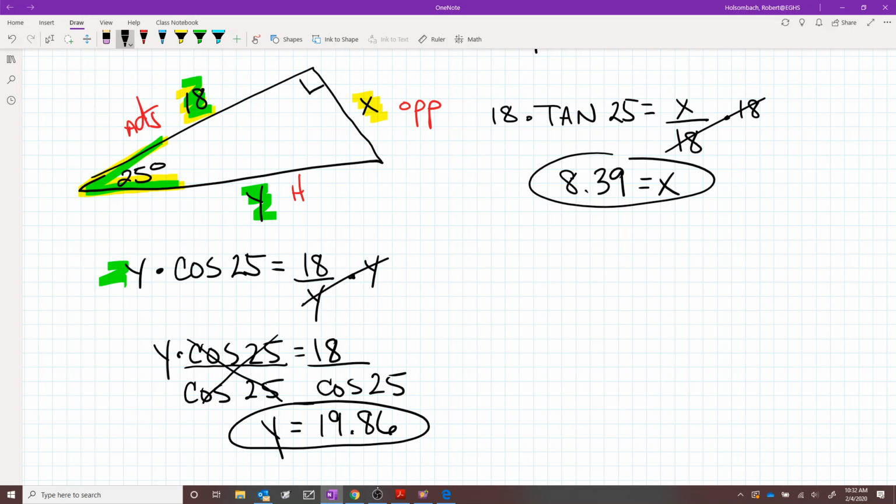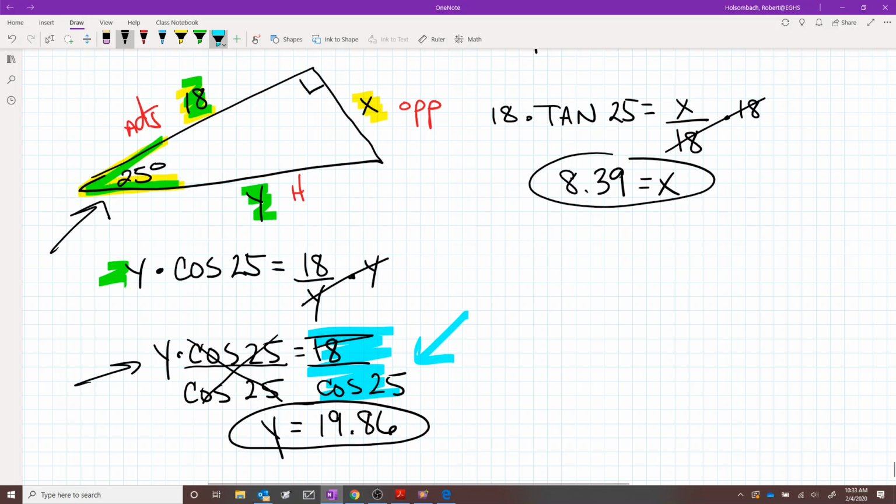Right now you need to focus on being able to get from here to this step, because when you get to this step, all you've got to do is this calculator operation. I can show you how to do the calculator operation once we get done with this. Right now you've got to be able to get to here. Okay?